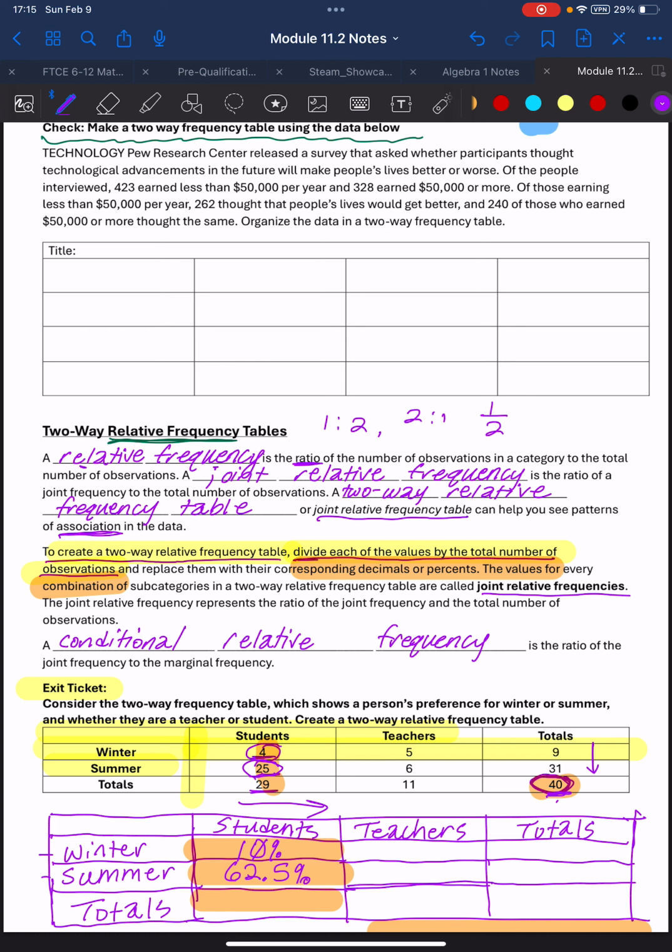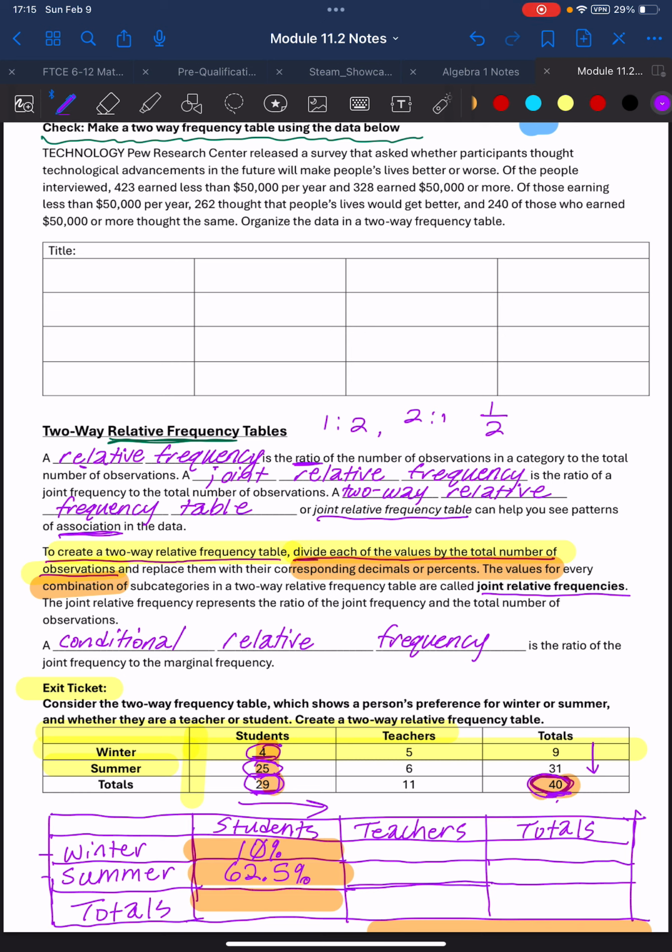Okay. Then our last one, we want to know what percentage of the total number of students like both winter and summer, or excuse me, what percentage of students out of both the students and teachers like winter and summer.